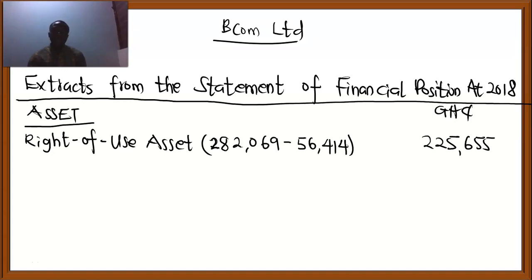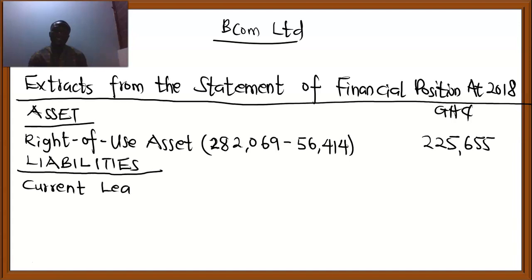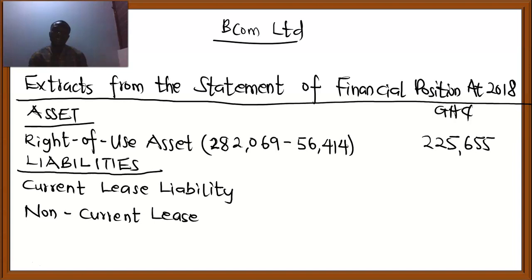Alright, then we come to the liability aspects. So we have our liabilities. We have the current component of the lease liability. So current lease liability. And the non-current component. So non-current lease liability. Let's refer back to our amortization schedule for these figures.